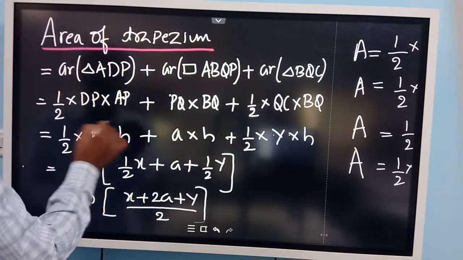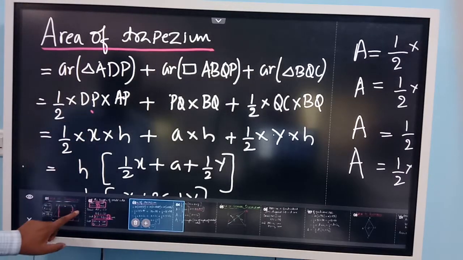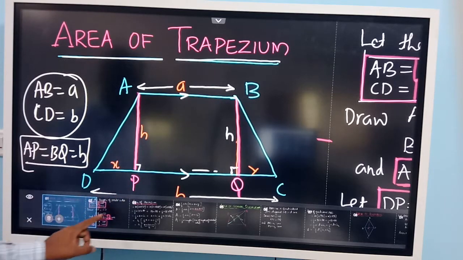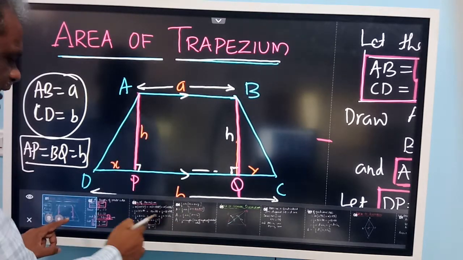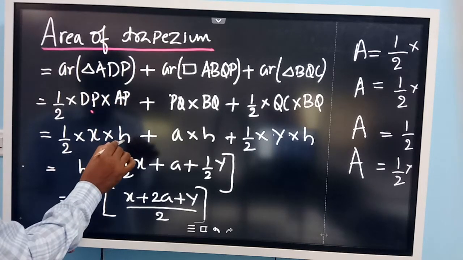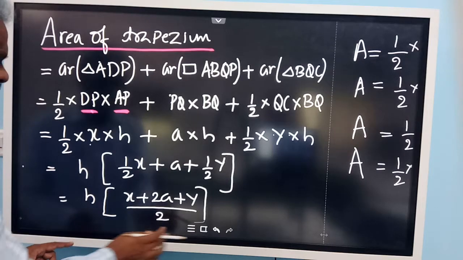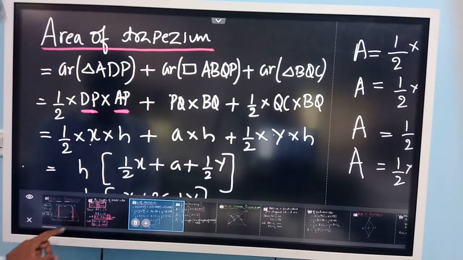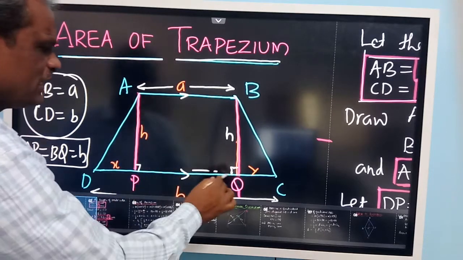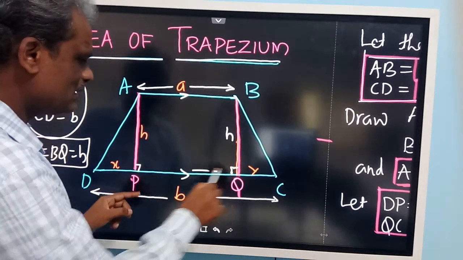Now let us substitute the variables that I have taken. DP is X, AP is H. So this length is X units and AP is H units, you can see that in the diagram. Now in place of PQ, what can you write? What is the length of PQ?